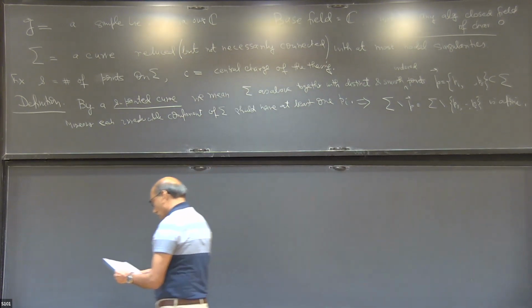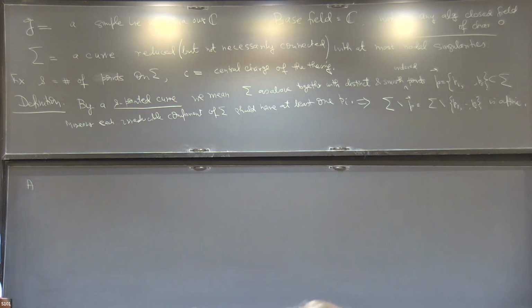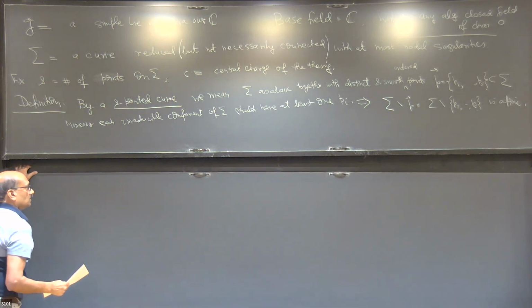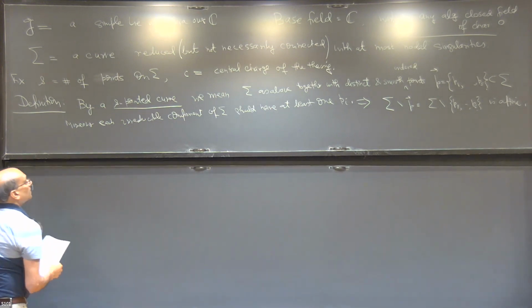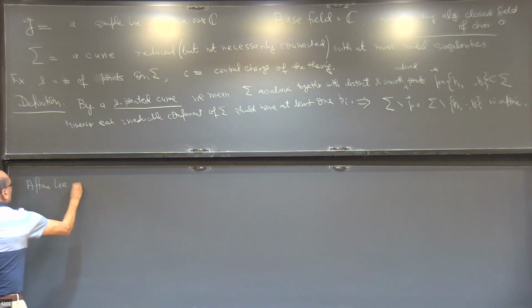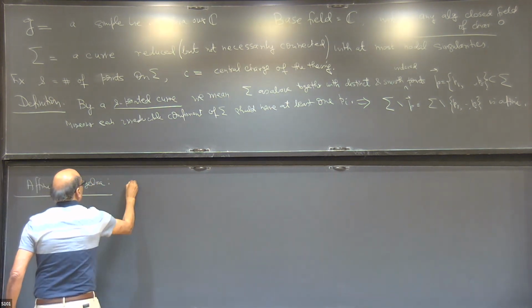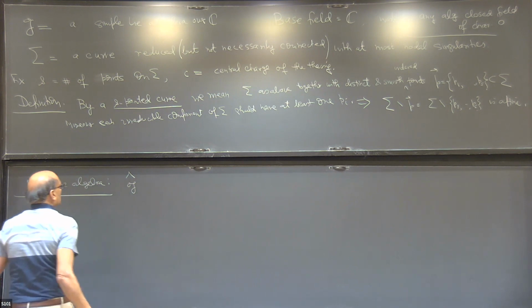So the next object is the affine Lie algebra, which I will denote by G hat.